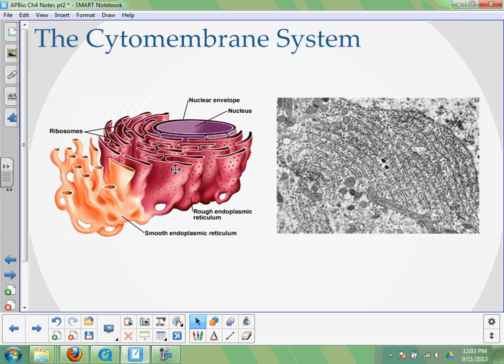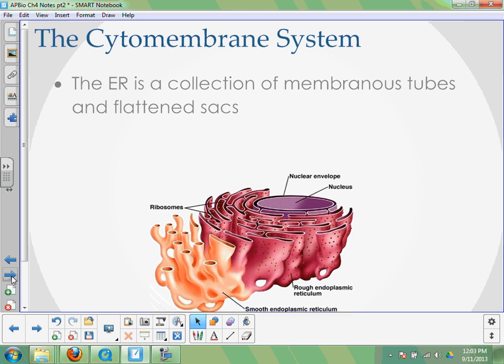And again, to think of it in terms of the three-dimensional nature, this is almost like a big membrane bag that's all kind of wrinkled and folded up and packed inside the cell. But when we look underneath the microscope, what we see are just a series of lines. It looks almost like a maze. In fact, reticulum comes from a word that basically means maze-like.